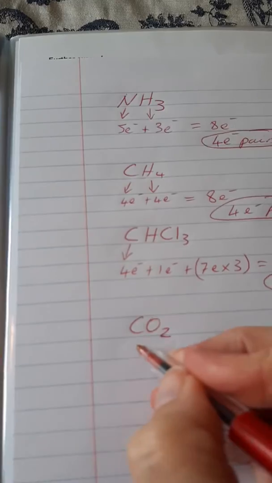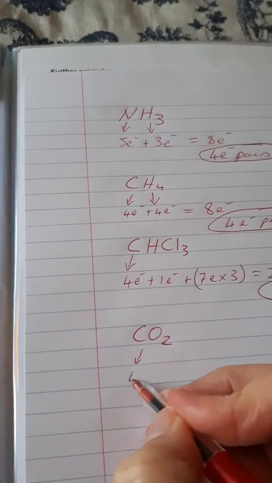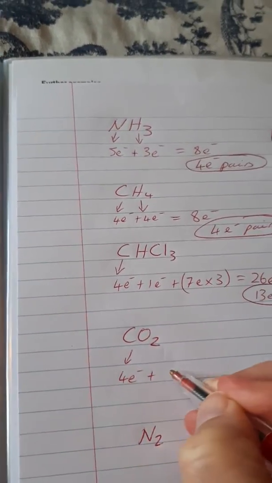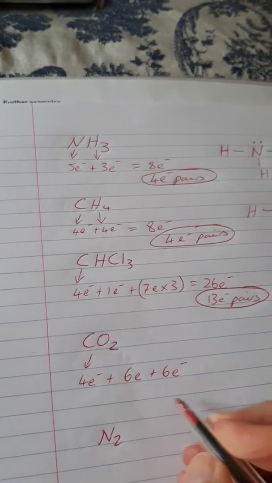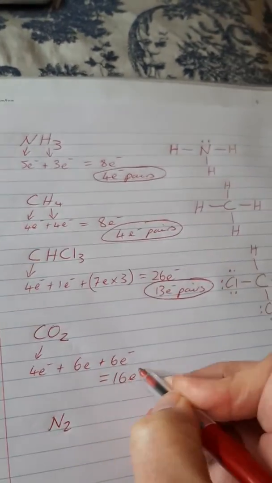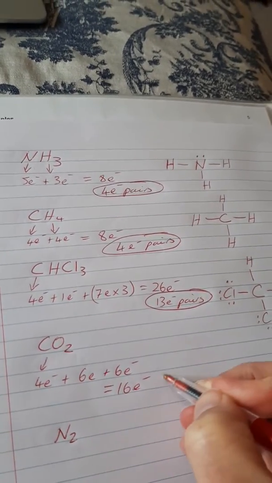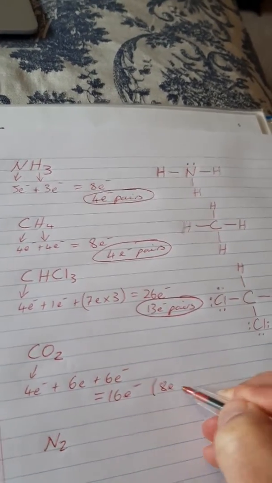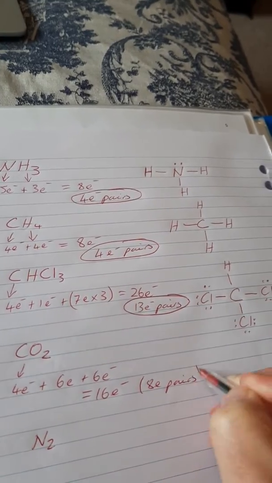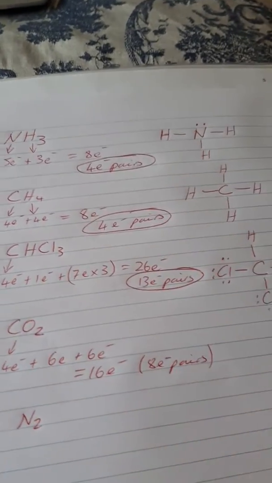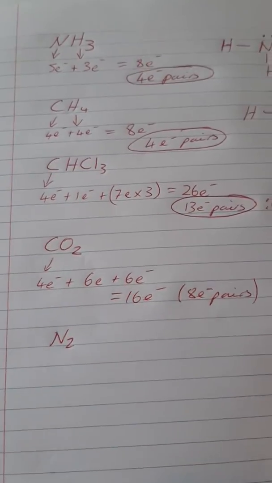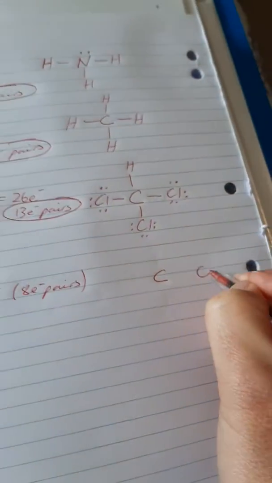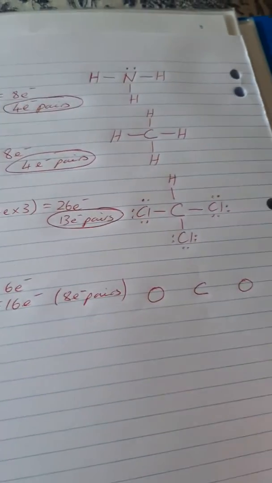Now this is when it becomes more difficult. This one here, carbon dioxide, 4 electrons for carbon. Oxygen has 6. So therefore we have 16 electrons, or 8 electron pairs. Carbon once again needs to gain the most, so I'm going to put that in the middle, and put my oxygen on that side and oxygen on that side.